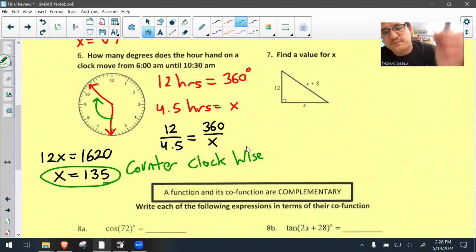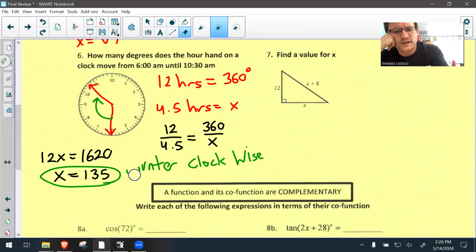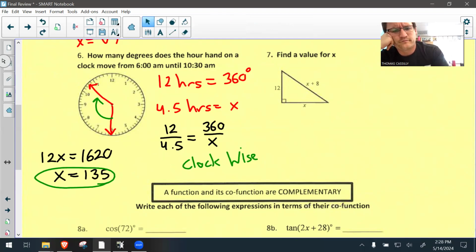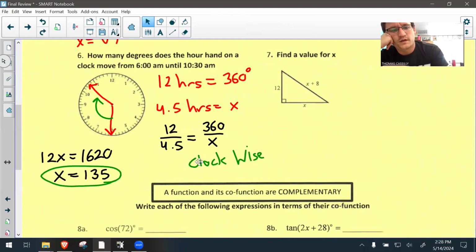What we have done, what mathematicians have done is we said that any, see, what am I doing? It's moving clockwise, not counterclockwise. Of course. Let me start over. All right, we're going clockwise.